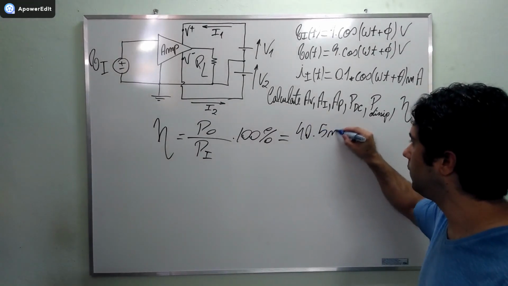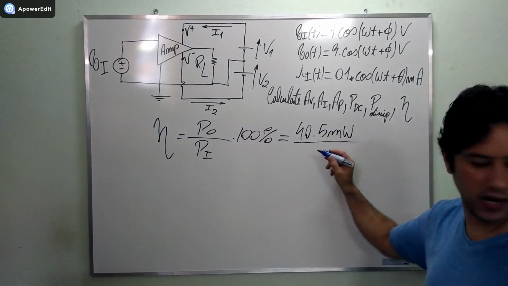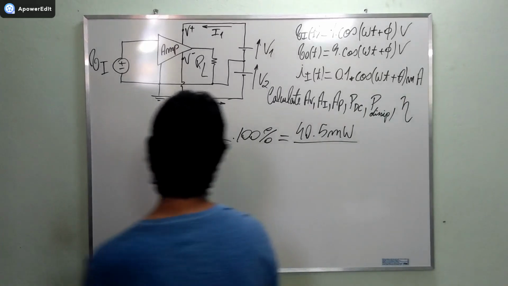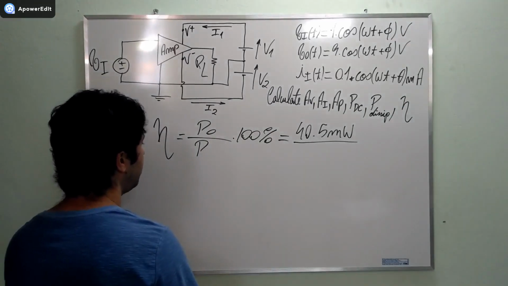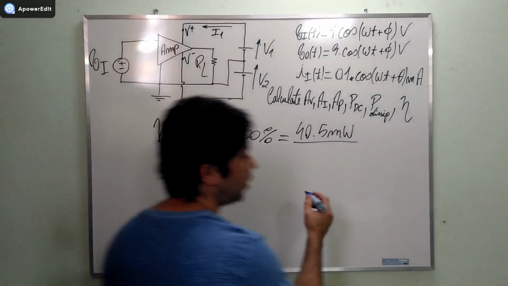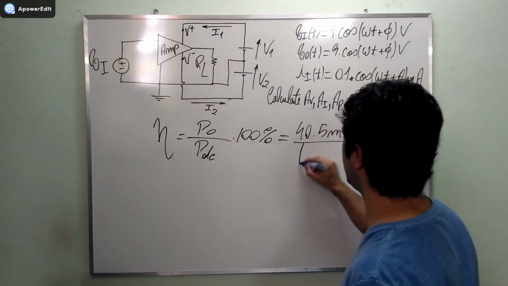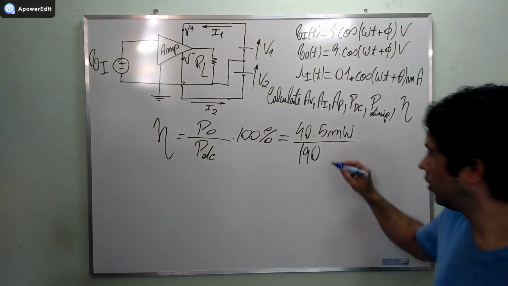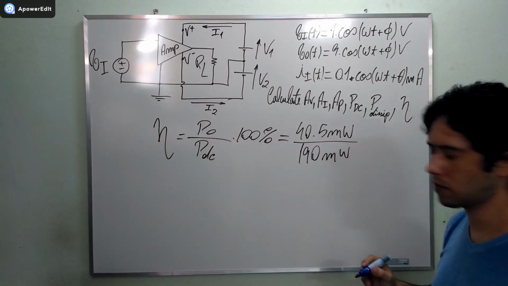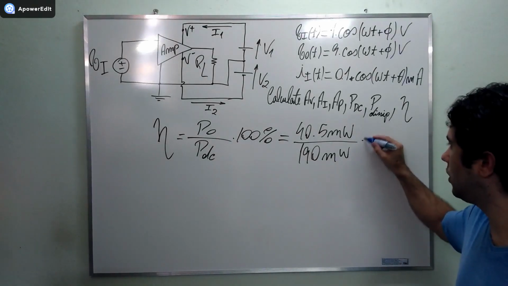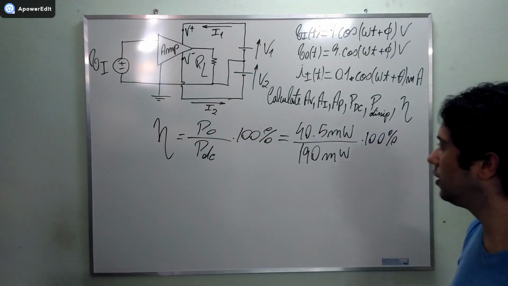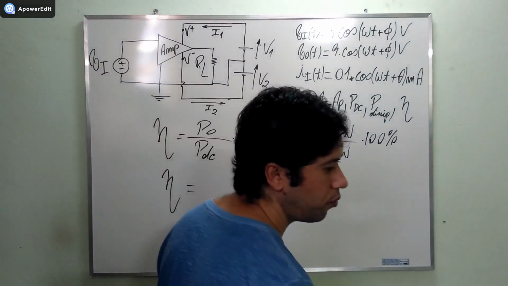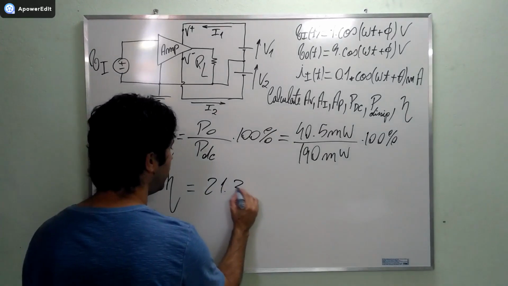40.5 milliwatts divided by the DC power, we calculated to be 190 milliwatts, okay, times 100%, and then the efficiency of the device, we find it to be around 21.3%.